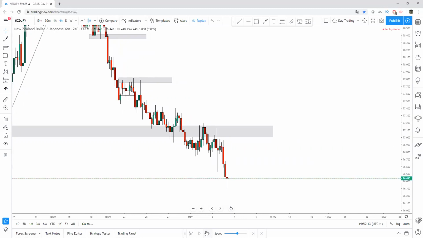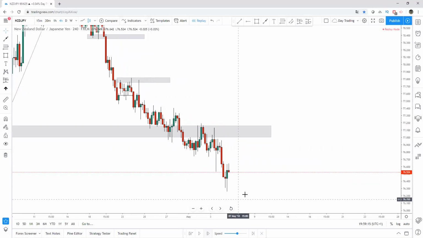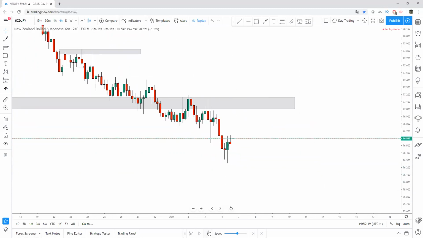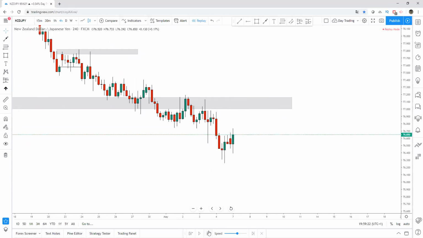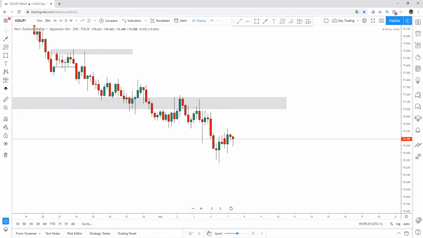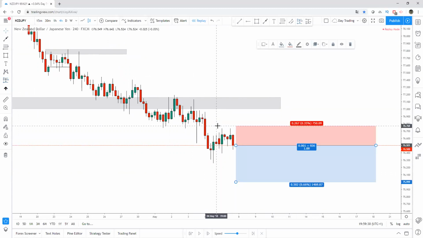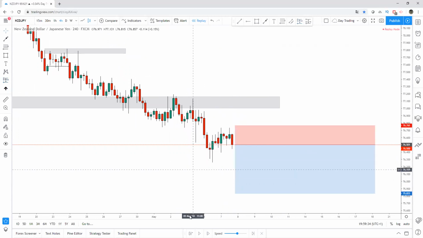Yeah, and it still continues to go down. Okay, let's see. Rejection. Is this rejection? One more. All right, market open. Nice bearish engulf after this. So we have 4 candles of confirmation, let's say.